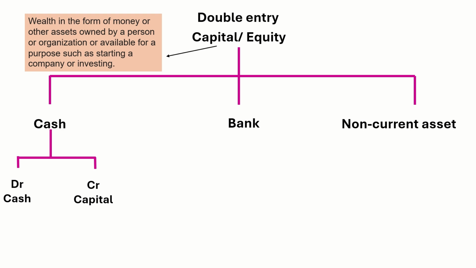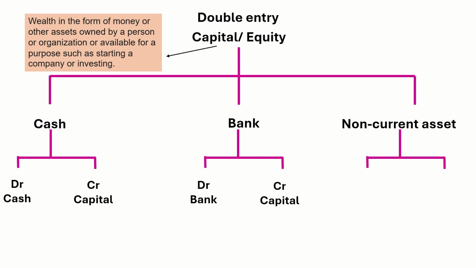If the owner introduces capital to the business bank account, debit bank and credit capital. If the owner introduces capital in form of a non-current asset, debit the specific non-current asset and credit capital.